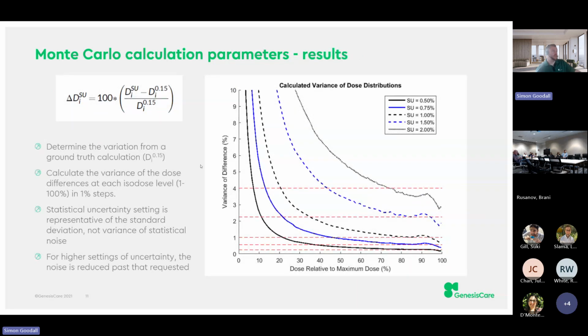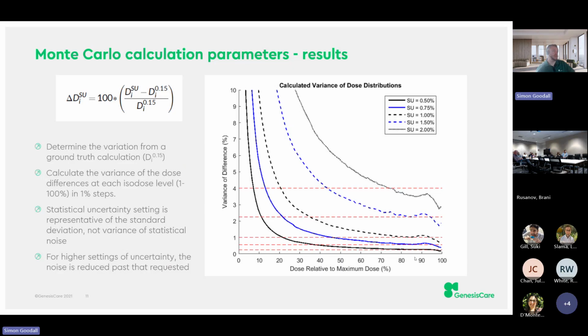So I won't dive too deeply into the maths here, but basically what we've taken is you look at a given dose level in the plan, and you can calculate on a very fine dose grid and a very low statistical uncertainty and determine what you would call a ground truth.